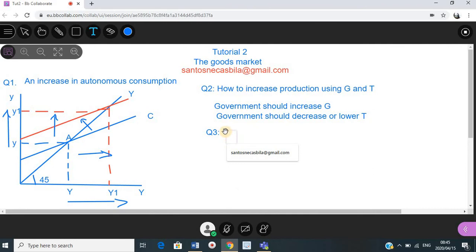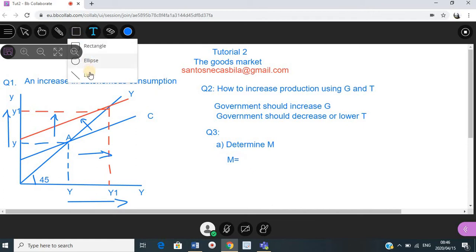So here, A is to determine M. We know that M, depending on the economy, is going to be equal to 1 over 1 minus C, where C stands for MPC, marginal propensity to consume.